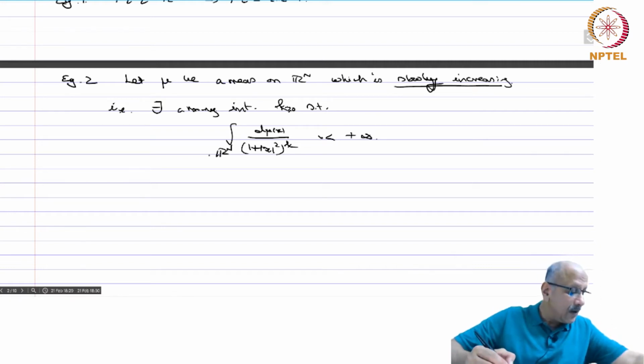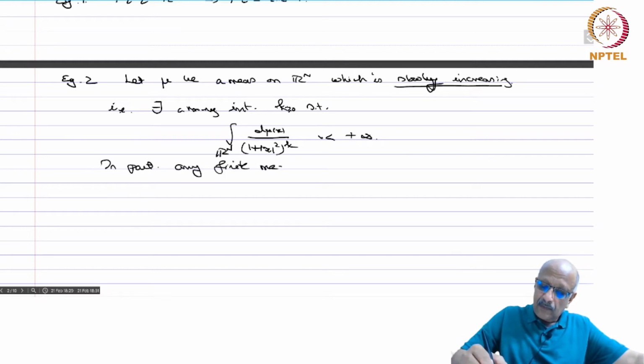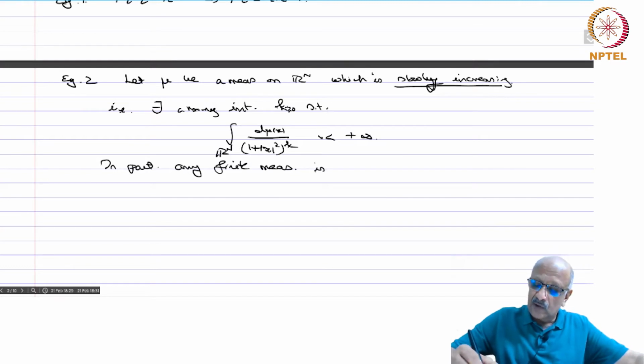Okay. So in particular any finite measure is slowly increasing, because k can be taken as 0.